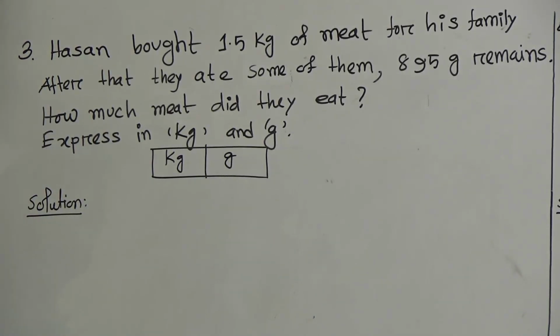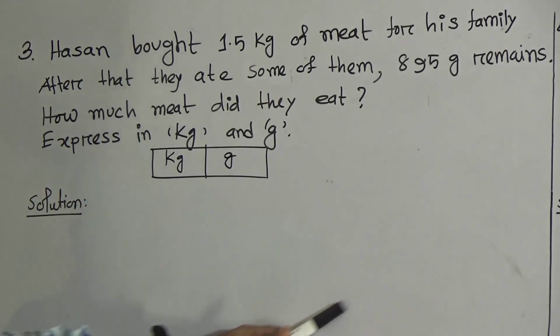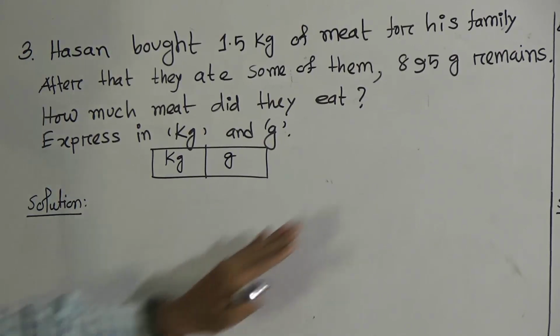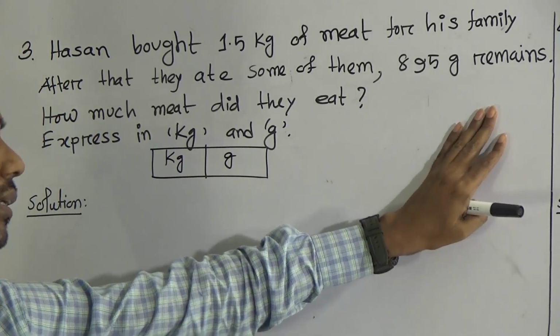Hassan bought 1.5 kg of meat for his family. After that, they ate some of it. 895 grams remains. That means they ate some meat, and after eating, 895 grams of meat is remaining.